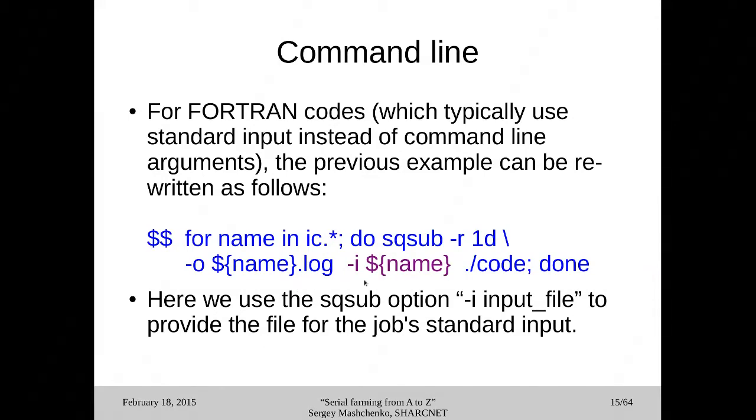Using the same example as before, for name in the same format, we provide standard input to sqsub using the sqsub argument -i. And then $name will be the unique initial condition file for each loop iteration, which means for each job in this serial farm. So that's more of a Fortran-ish way of organizing a serial farm.